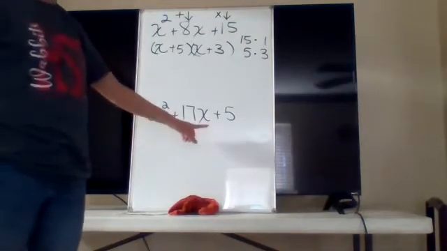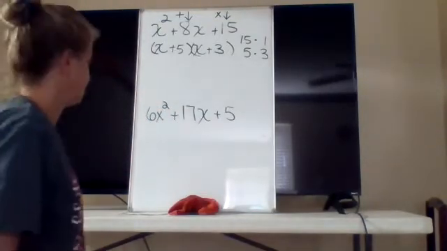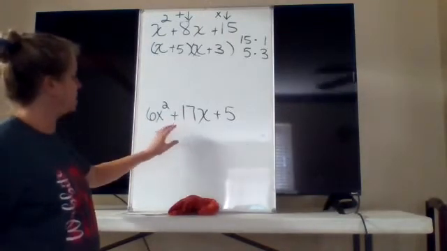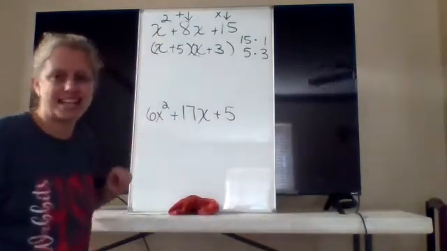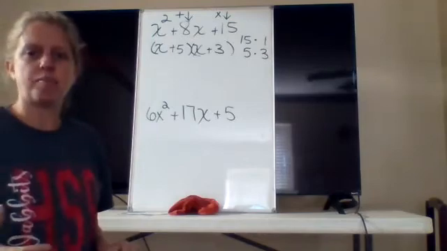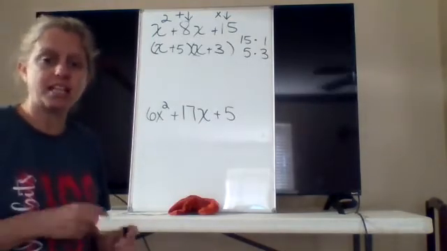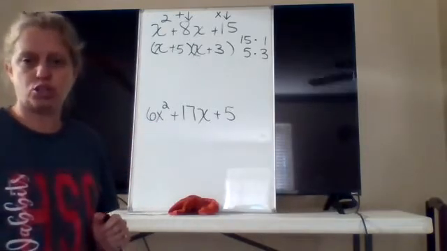Now, this long method, I can't start off with just x and x because I don't need it to equal x squared. I need it to equal 6x squared. So the reason there is another method is because you don't know what you're going to start off with, because to get 6x squared, there's multiple ways to do that.